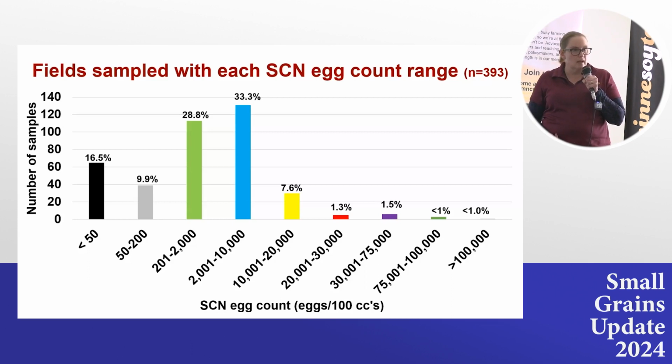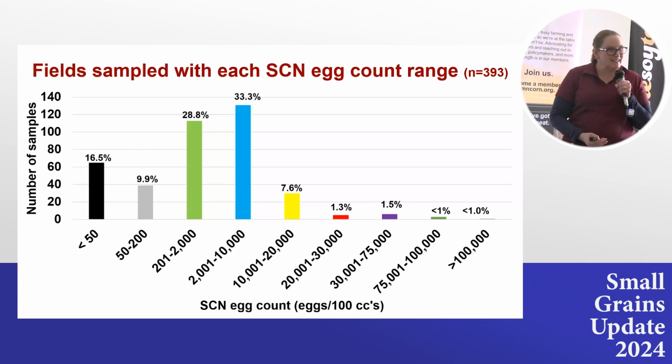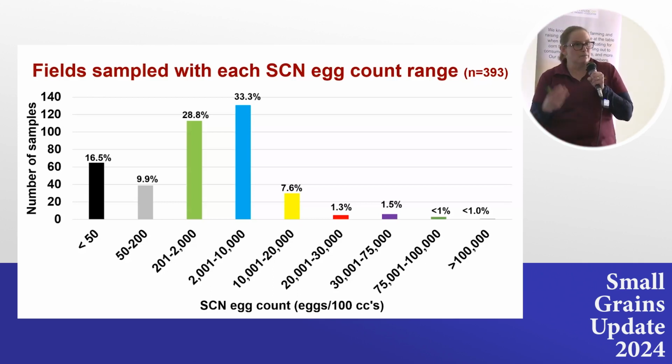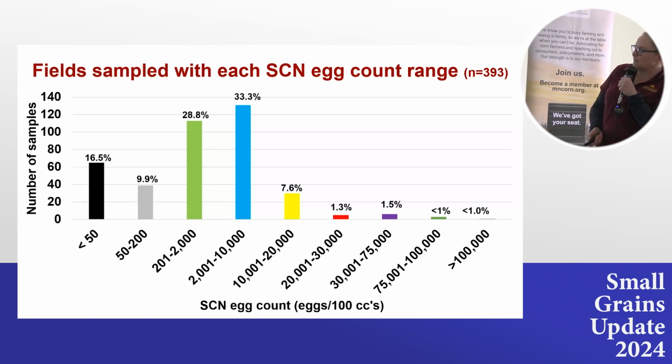You can see that there's still 16.5% of samples that are below the limit of detection for SCN. This is great because obviously it'd be great to have a field that is not infested, but it's also a good thing to begin sampling so that you can catch those infestations early and begin active management and monitoring.